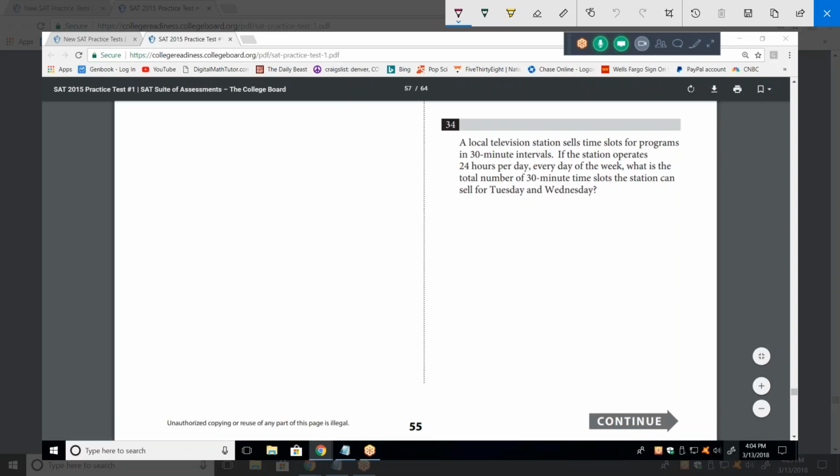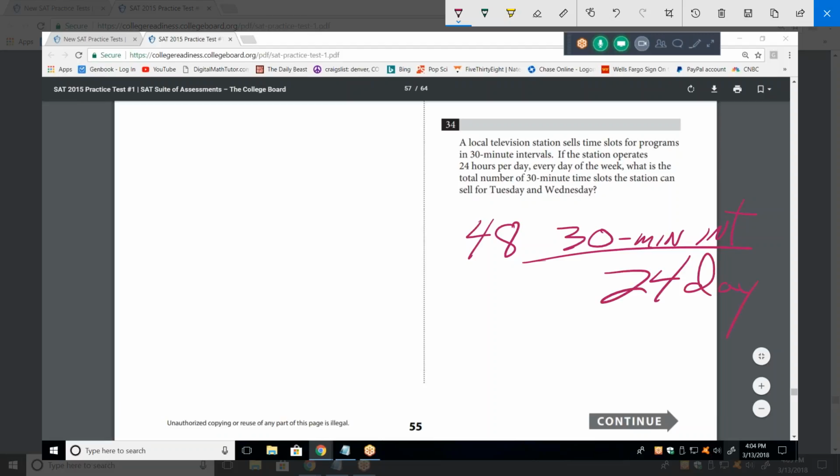48. You're doubling, not cutting it in half. You see why you double it. So that's per 24-hour day. Now don't get caught up that it's a Tuesday and a Wednesday. Those are just 2 days.